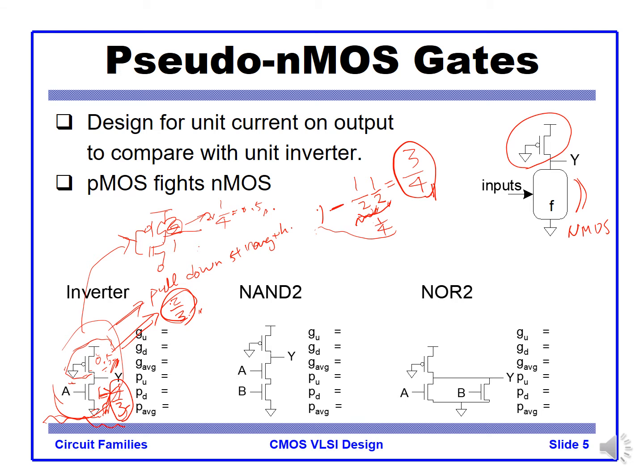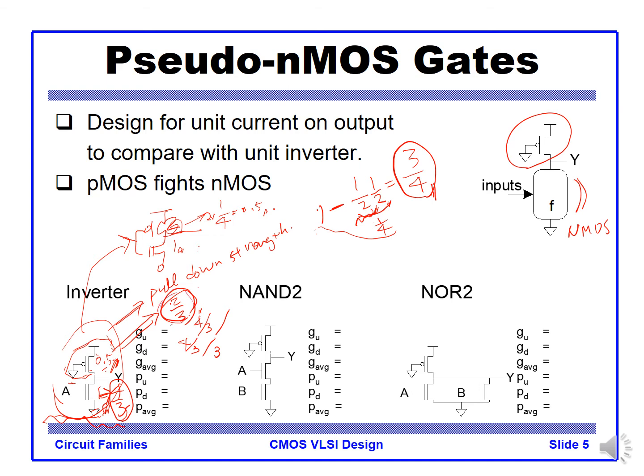In this example, for the pull down, the logical effort would be the input capacitance 4/3 divided by what? The equivalent inverter's input capacitance is 3, right? For the pull up, the input capacitance is 4/3 still, and the equivalent pull up strength would be what?